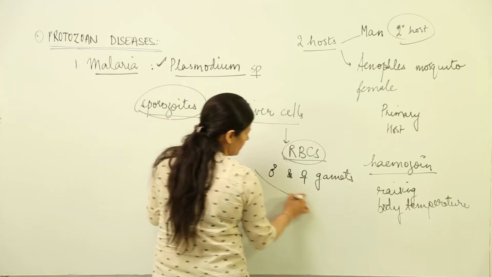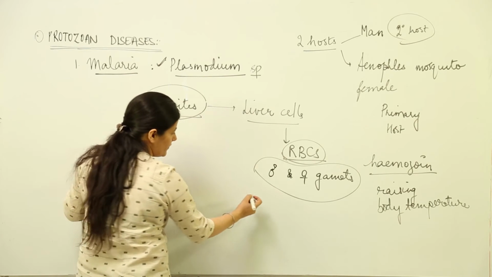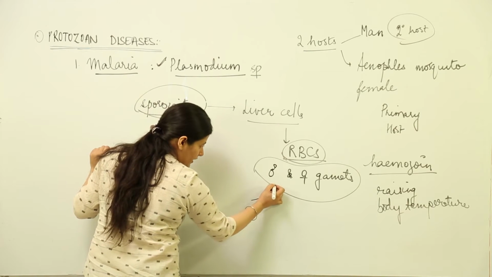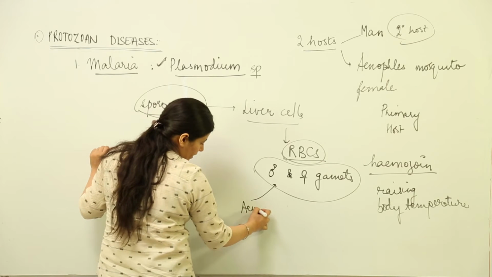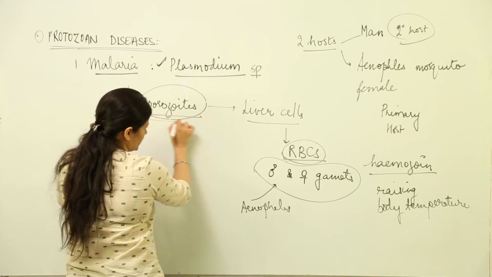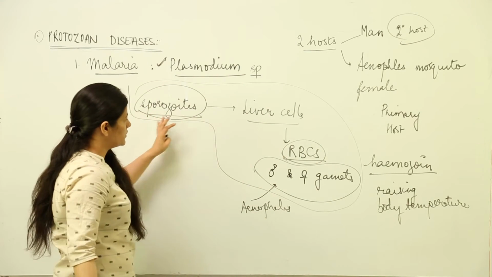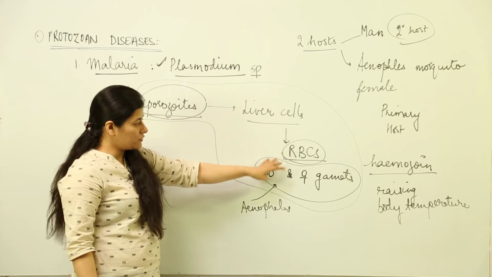Now these male and female gametes are in the RBCs, that means in the bloodstream. Now some uninfected Anopheles will come and feed on the blood. This part takes place inside the human being. The sporozoites infect the liver cells. From the liver cells, they go to RBCs.